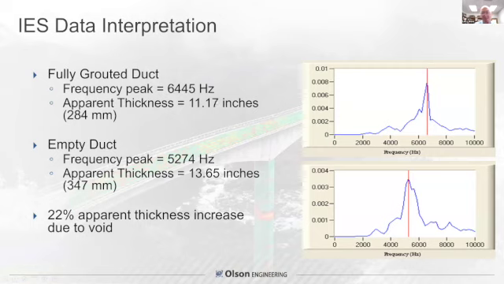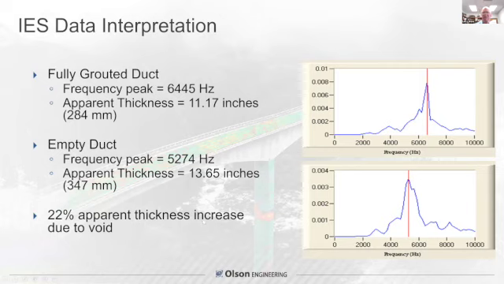Only 3-day-old grout, so this was pretty soft grout still, but hardened. The empty duct, though, resonated at an even lower frequency of 5,274 hertz, where that styrofoam void was in place, and that produced an almost 14-inch thick echo. You can see the shift downward in the resonance. So this 22% apparent thickness increase in the echo was due to the void.